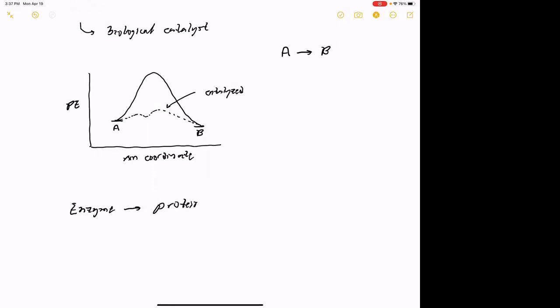So an enzyme is an example of a protein. Now, what's a protein? Well, a protein in its most general form is going to be a polymer, which is a very long chain molecule consisting of amino acids as its links in the chain, if you will. So we'll say it's a polymer made up of amino acids.